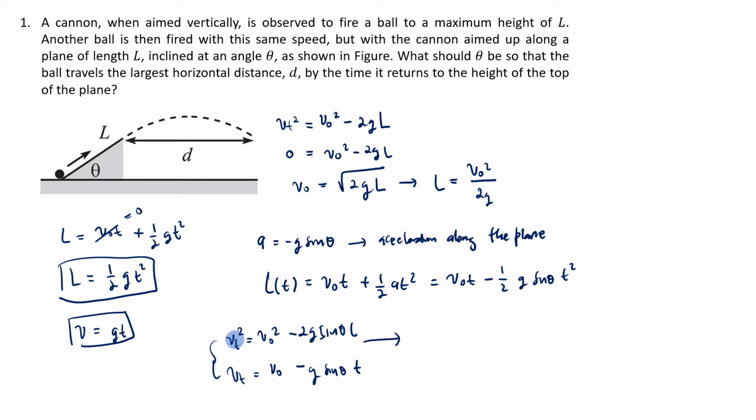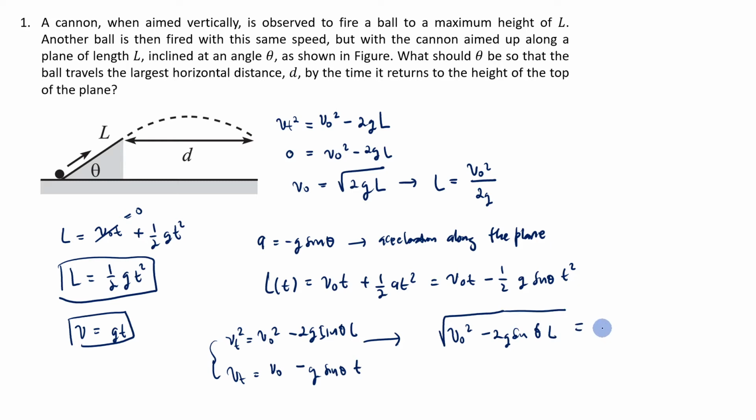Vt is the square root of this term. The left side of this equation we substitute by the square root of Vo square minus 2g sin theta L.